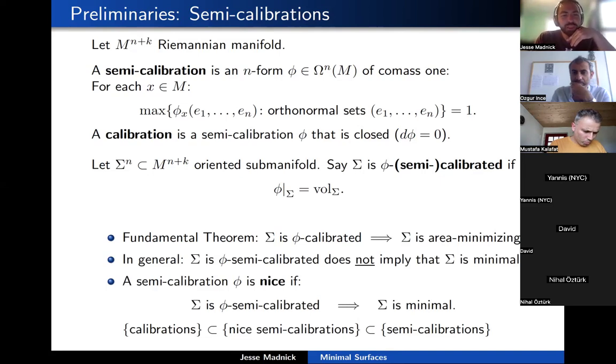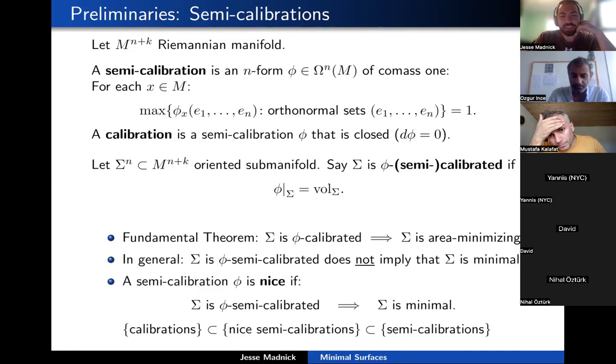It's not really clear. But sometimes there are certain semi-calibrations, which I'm going to call nice, for lack of a better word. There's no standard word for this as far as I'm aware. A semi-calibration will be called nice if every semi-calibrated submanifold is minimal.